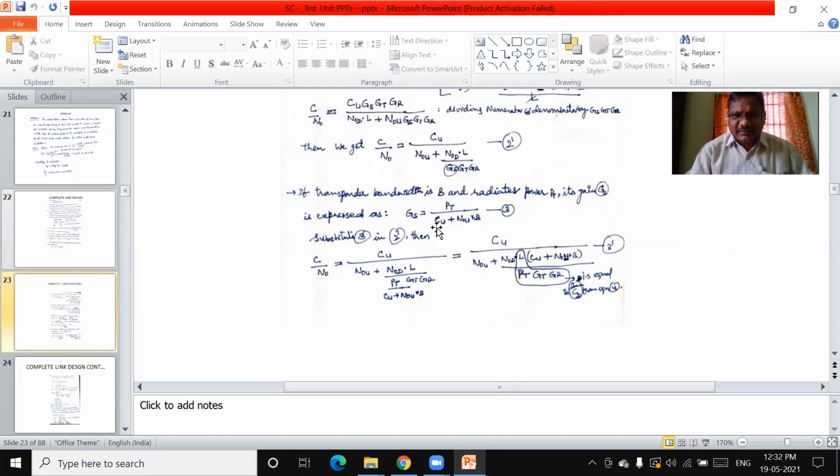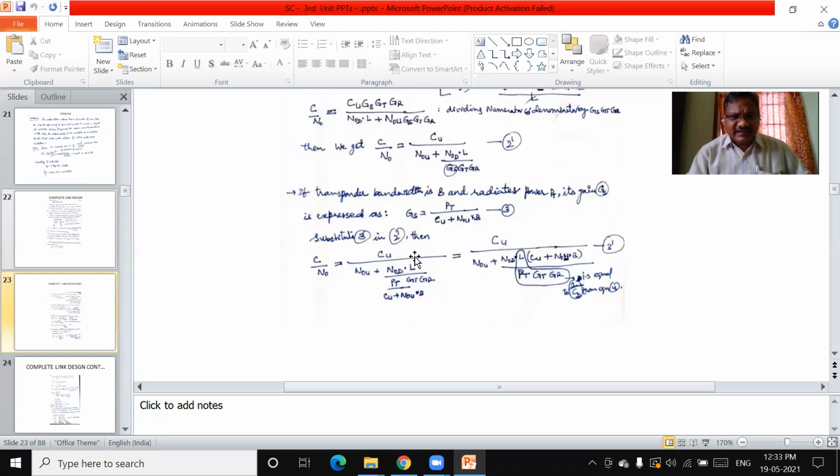GS is given as PT by CU plus NOU into B. Now you need to substitute this GS in place of the GS in the equation. That is why I have circled this GS. In the next step, you are substituting equation 3 into equation 2 dash.